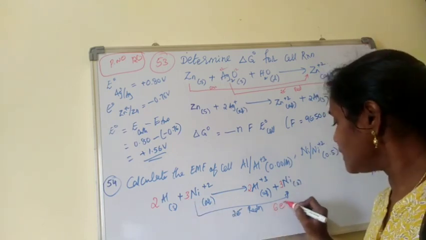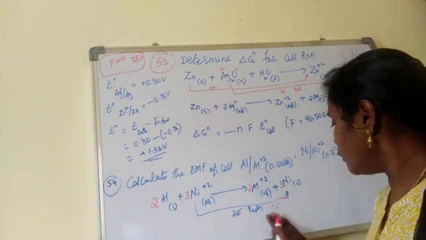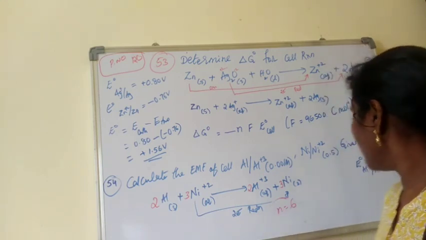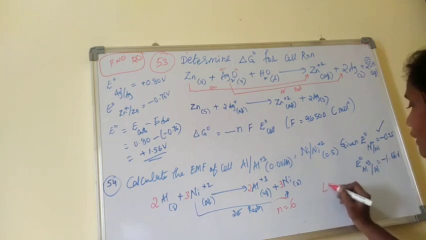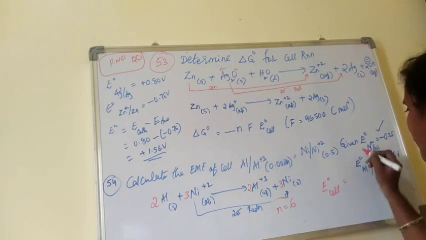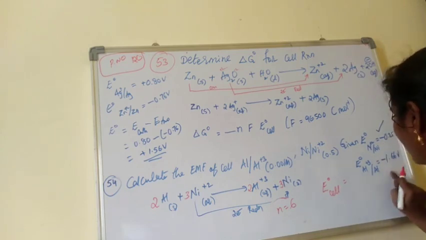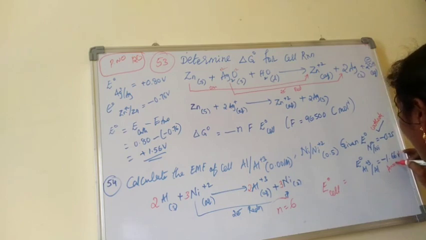On the whole, 6 electrons are involved, therefore my n is equal to 6. Now again calculate E naught cell first: cathode minus anode, where this works as my cathode and this as anode.